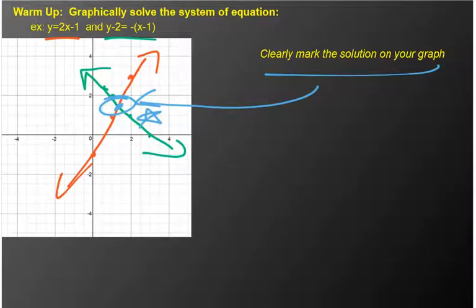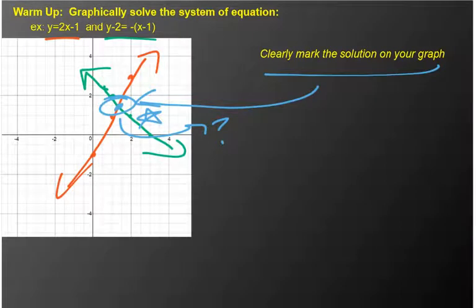This is an example I do because I want to sell you on how bad this is as a way to solve a system of equations. Even in Algebra 1, the idea of it is important, but I won't tell my Algebra 1 students any more about graphically solving a system other than to show them what we're doing and then to get right into the main algebraic ways. It's just bad because you don't really know what that point is. It's too hard to tell in this picture.